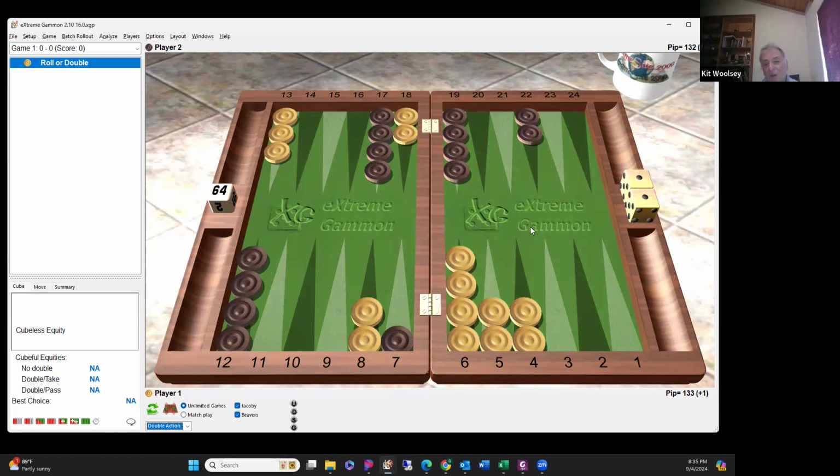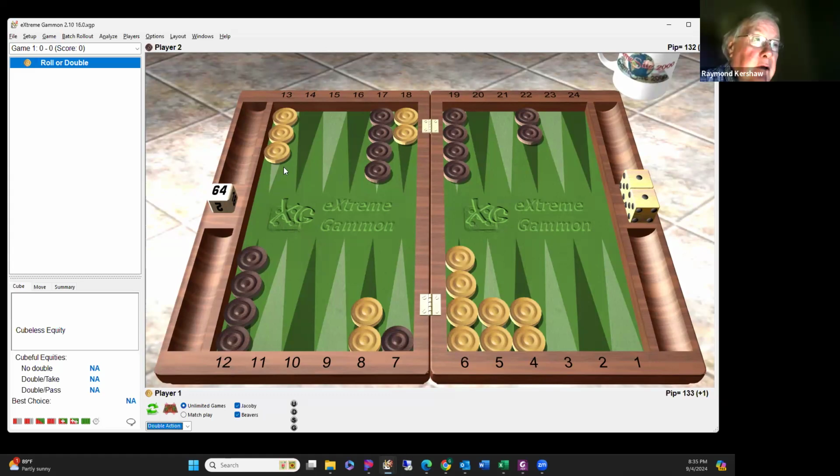Some of his hits make the bar point. Some of his hits, like a 6-1 or 6-2, give him great distribution. There are various degrees of how strong white's game gets on the next exchange.